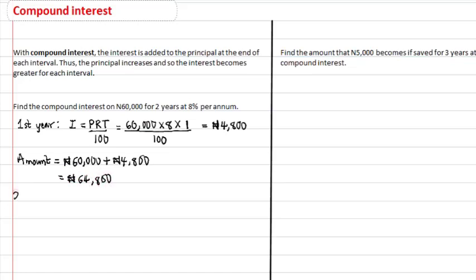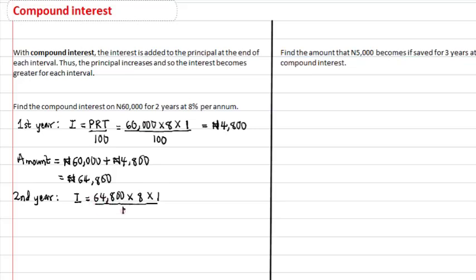Now for the second year, I equals PRT. This time our P will be 64,800, times our rate, which is 8, and our time will be another 1 year, for the second year, over 100.